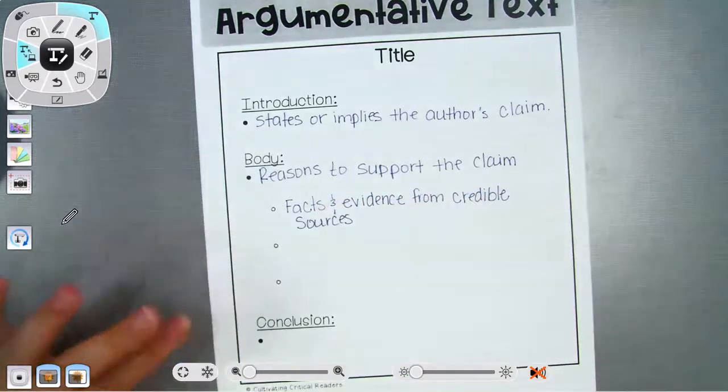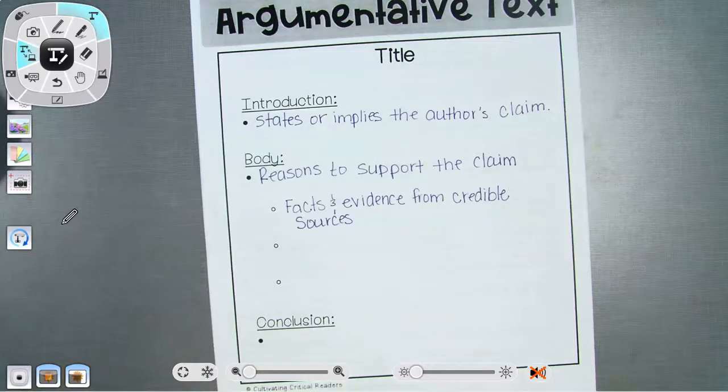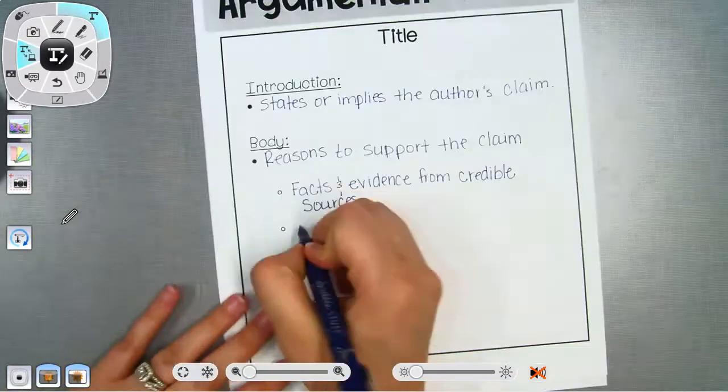So we're fixing to look at the body of this text, and he's going to give us facts and evidence. So he's going to write his facts, and then he's going to tell us the evidence, where he got that fact from. Okay, quotes.